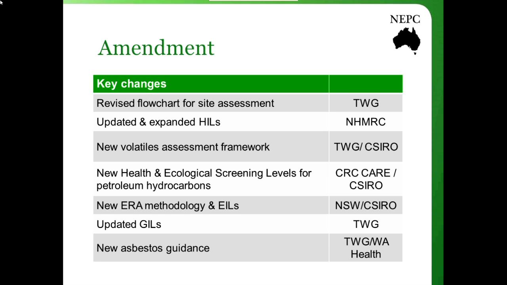The ecological screening levels were developed by Michael Warren, who will be speaking later on today on the EIL, the Ecological Investigation Level methodology. He took that methodology and applied it to come up with the screening levels for petroleum hydrocarbons.